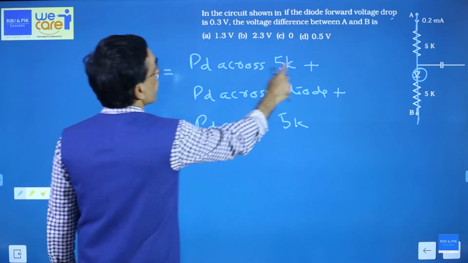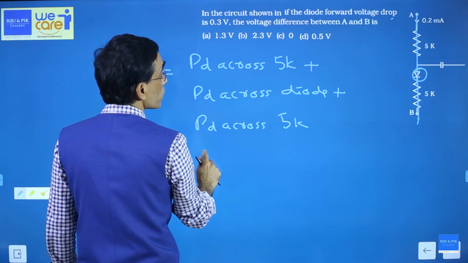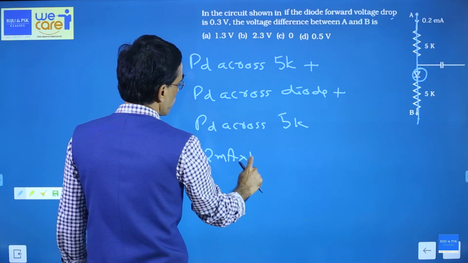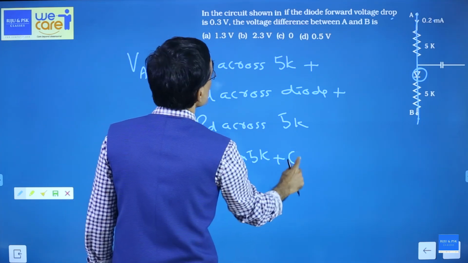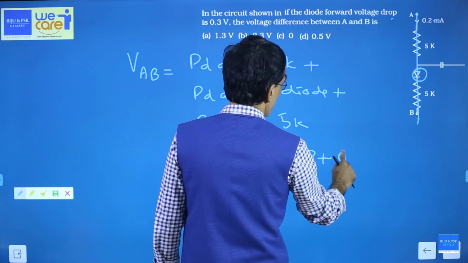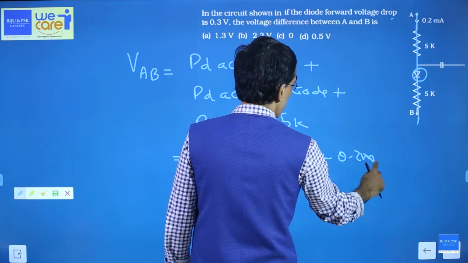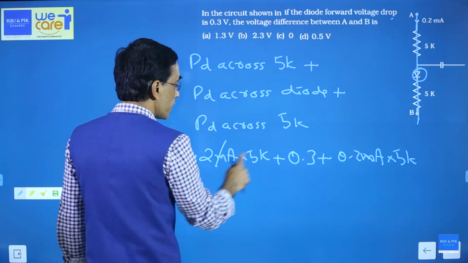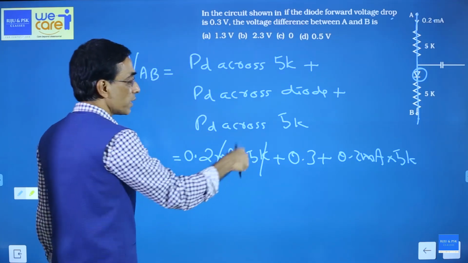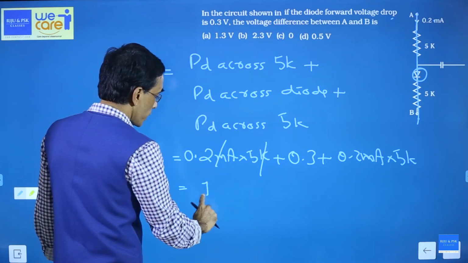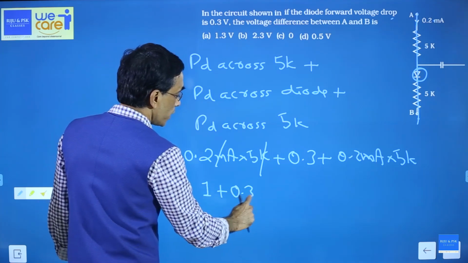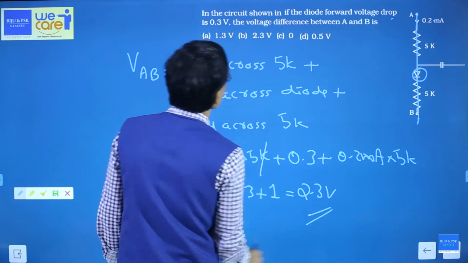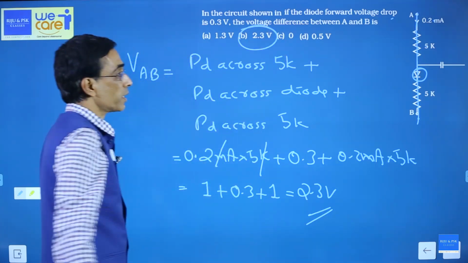And how to calculate that? PD across the resistor is I into R. So that is 0.2 milliampere into 5K plus 0.3 across the diode plus 0.2 milliampere into 5K. You can see milli and K will cancel, because this is 10 raised to minus 3 and that is 10 raised to 3. 5 into 0.1... no, 5 into 0.2 is 1, plus 0.3, plus the other one is again 1. So the answer will be 2.3 volt. Is there an option? Yes, option B gives you the right answer.